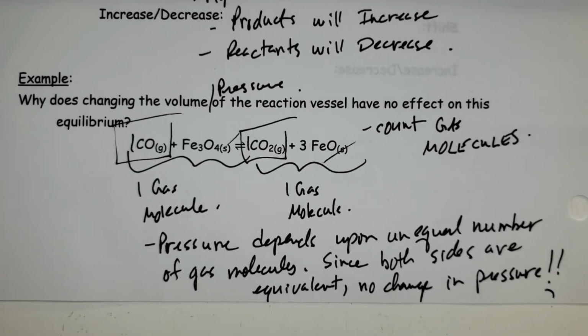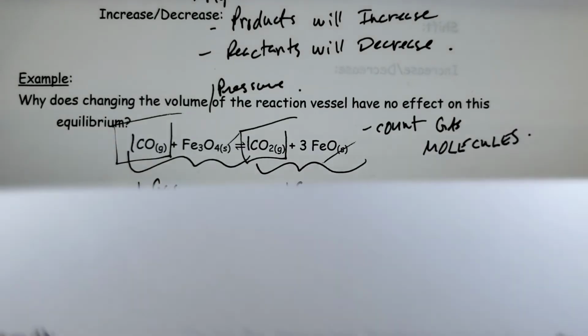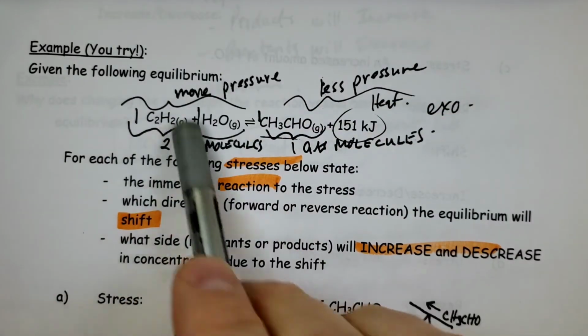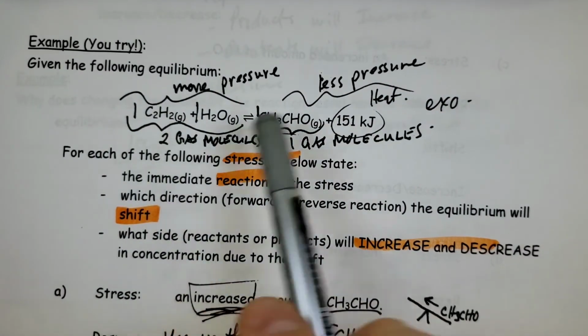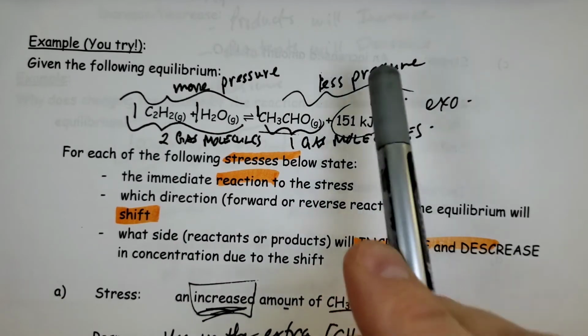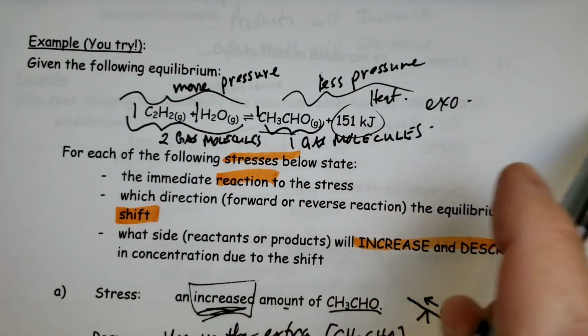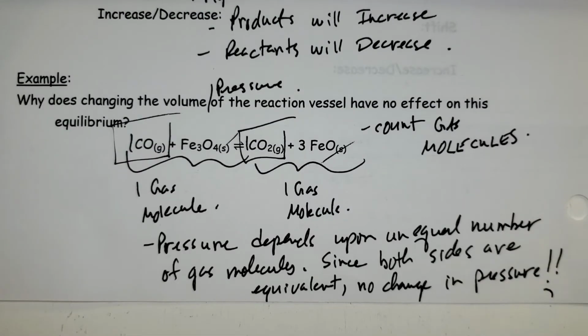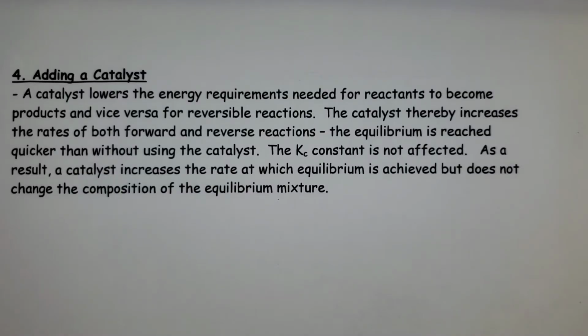You have to have an unequal number of gas molecules. Just like over here, the side that has more molecules, if we go to that side, it will be more pressure because more molecules are hitting each other. If we have less molecules, if I force the reaction to go that way, it's making fewer molecules, therefore less collisions and less pressure.